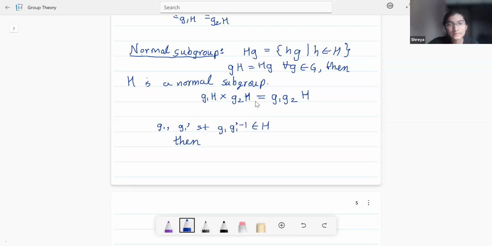Here we'll get G1G2 and G1 prime G2. These should be the same equivalence class, which is just saying that these two should be equivalent.